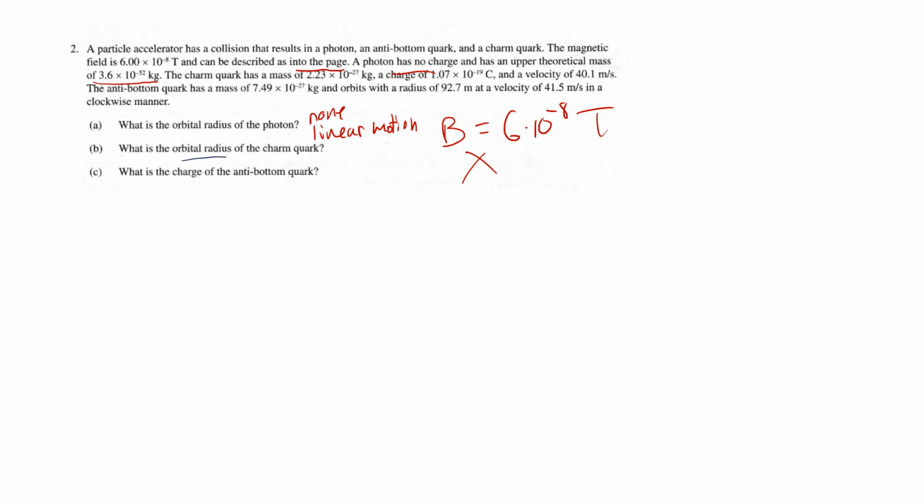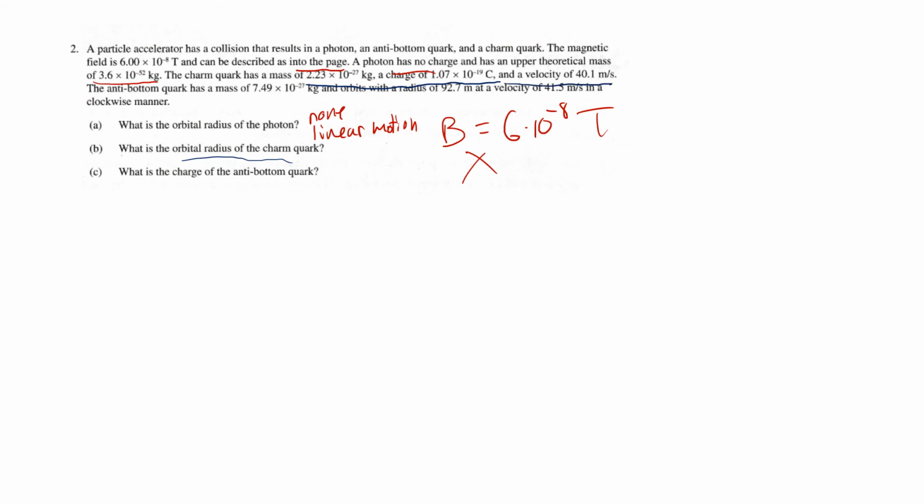So now, what's the orbital radius of the charmed quark? Now, I don't remember what the symbol is for a charmed quark in particular, but I'll just have to deal with it. The charm quark has a mass of this and a charge of that and a velocity of this.